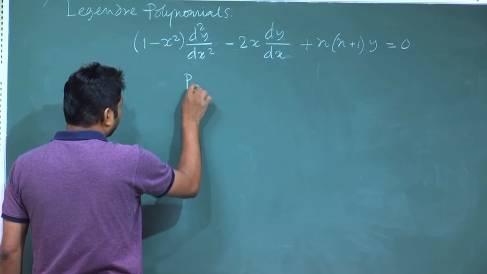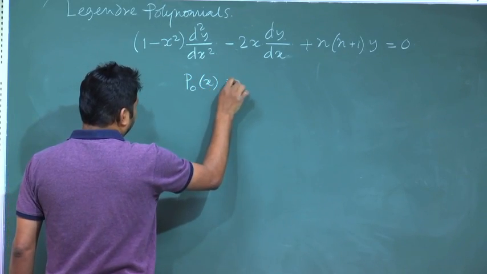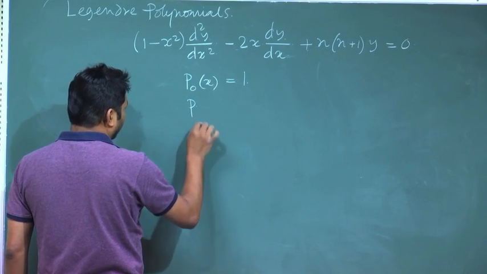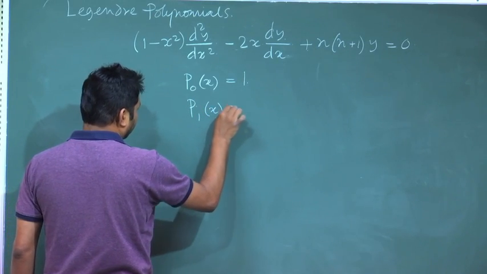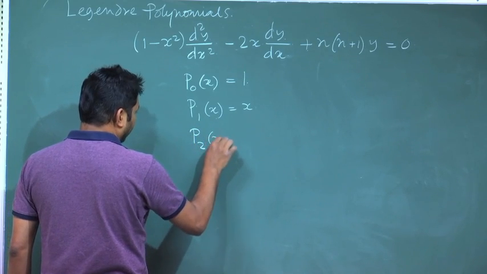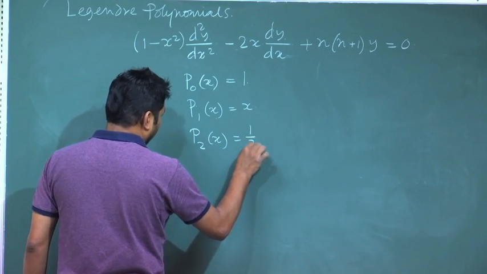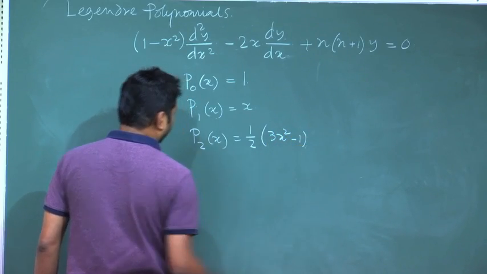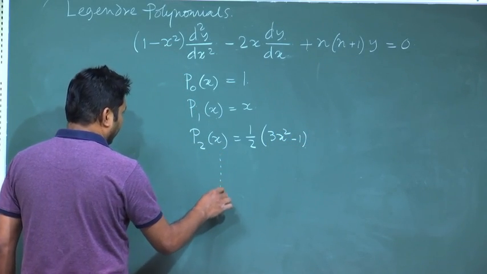The solutions, if I write, should be something like this: P0 is 1, P1(x) is x, P2(x) is half of 3x squared minus 1, and so on.